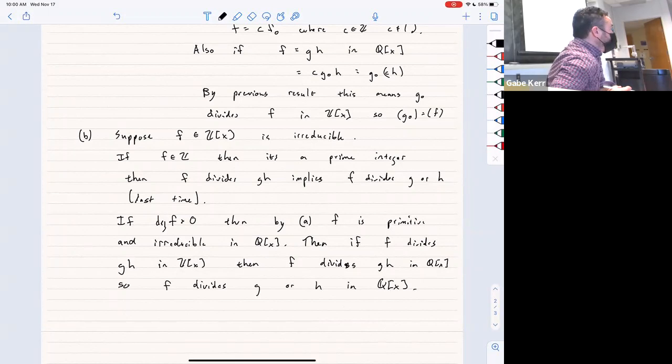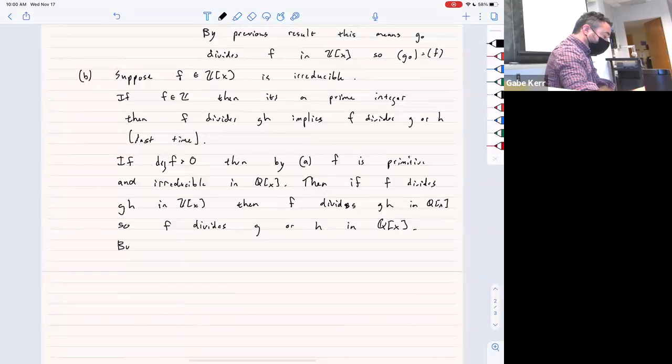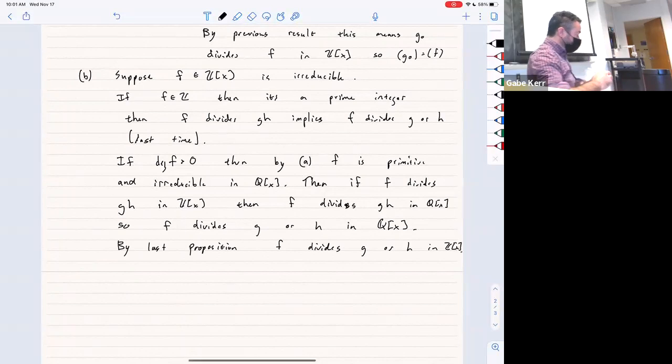We just had a proposition we use again that says primitive polynomials dividing integer polynomials in Q[x] means that they also divide them in Z[x]. So f divides g or f divides h. That's it.